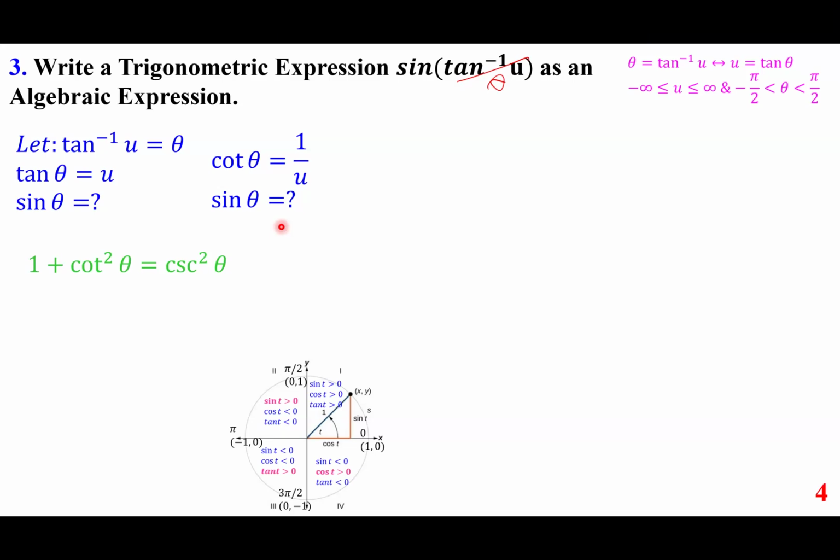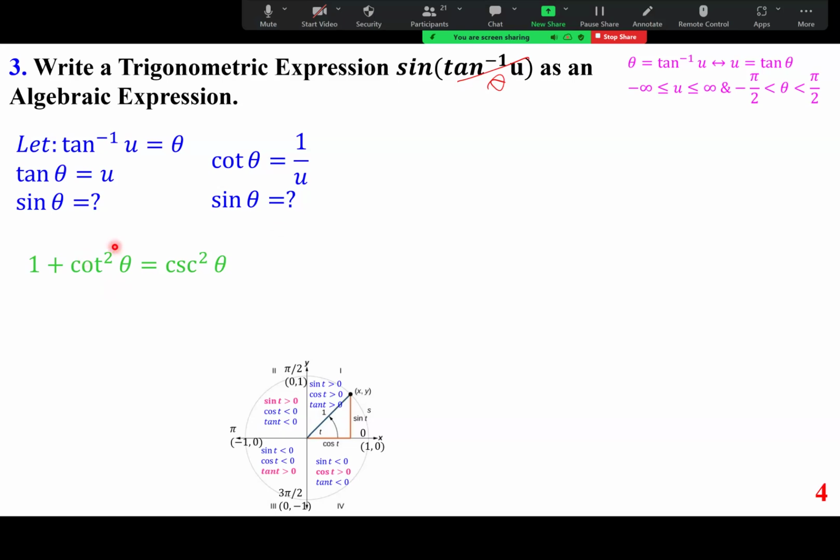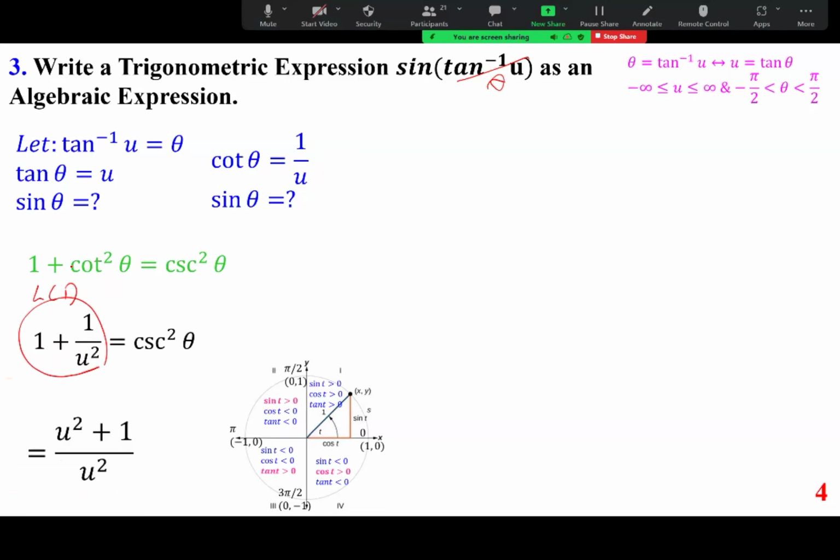And so 1 plus, this becomes 1/u squared. If we put these two together, this is u squared over u squared. In other words, I want to take an LCD and put them together. I get u squared plus 1 over u squared. That's the left-hand side. And it's equal to cosecant squared.